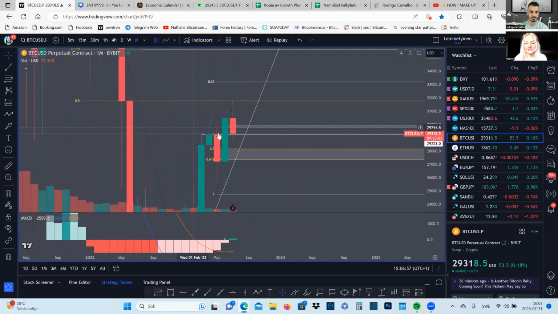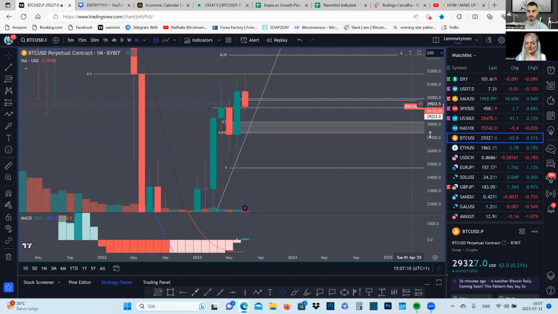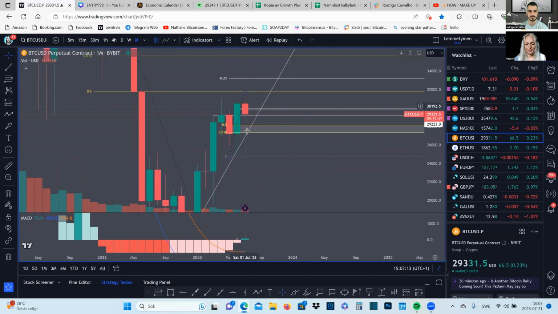And we are testing this previous resistance at this time. So you see the market breaking above this previous resistance. We tested the 50%. And if this is a fake out, which we know we have a lot of, we will see the market break down once more. So it kind of makes sense if the market will drop down to the 50 and the 61.8%.